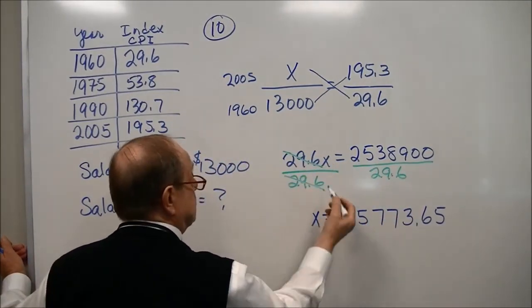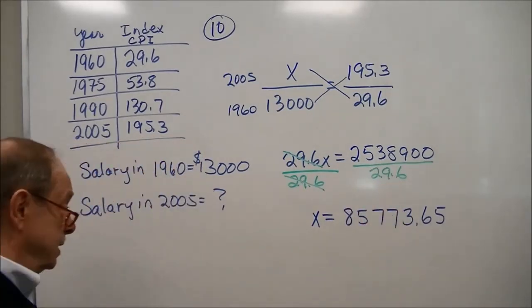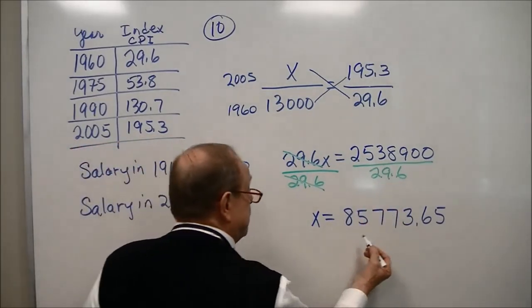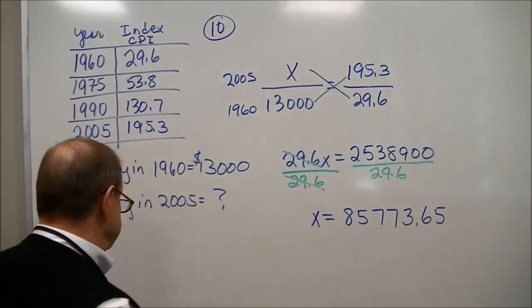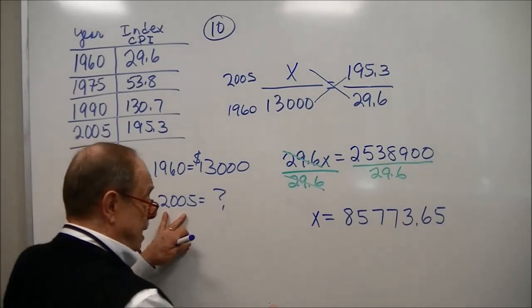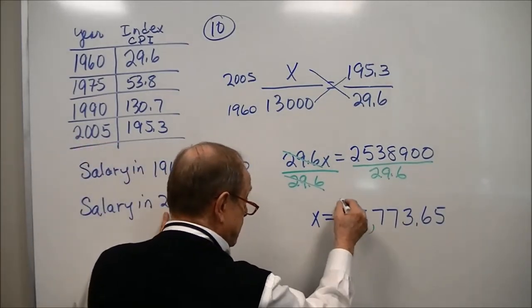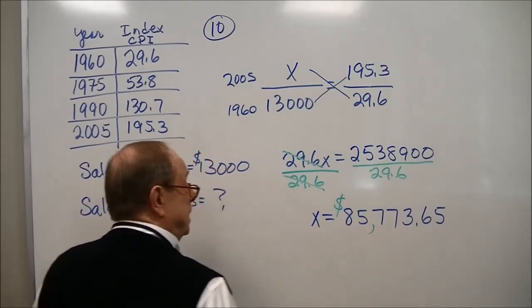These cancel out, and we're left with x. We do our division on our calculator, and we get this. Now remember, we're asked, what is the salary in 2005? Well, put a dollar sign there, and that would be our expected salary.